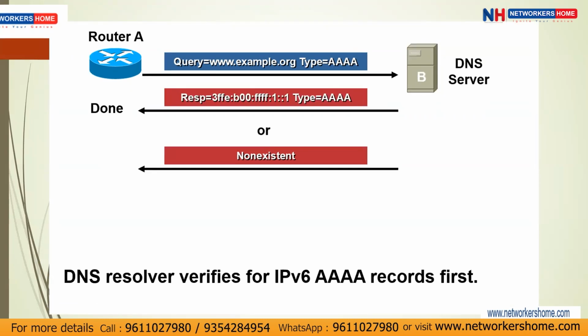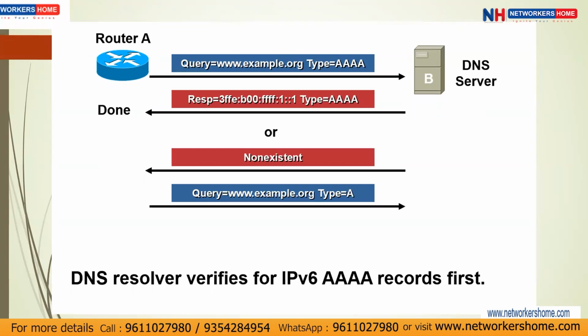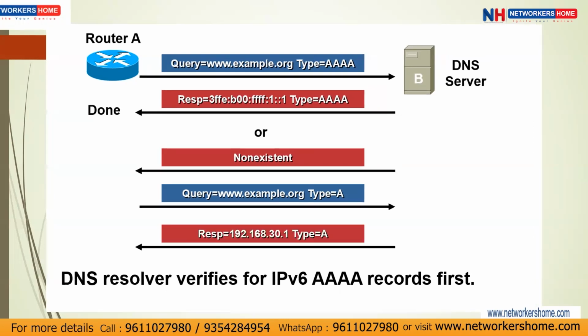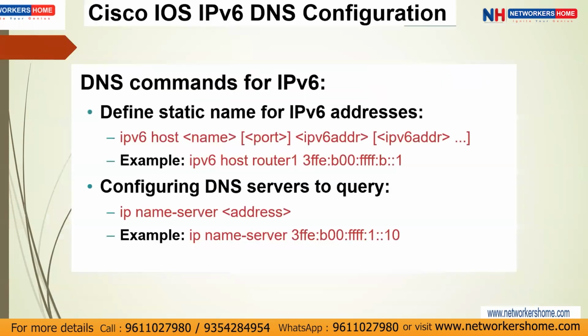After the query, we have the response, that is the IPv4 or IPv6 address along with the quad A. Then after the response, again a non-existent query is generated, and then we have the response. This is how DNS in IP version 6 works.